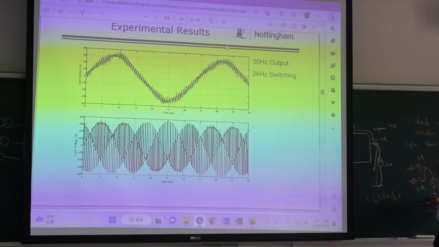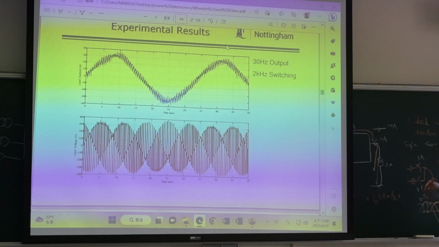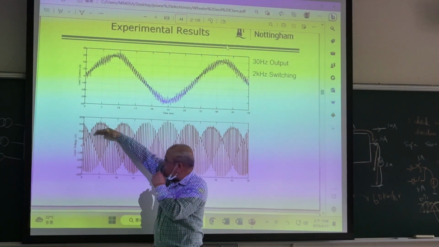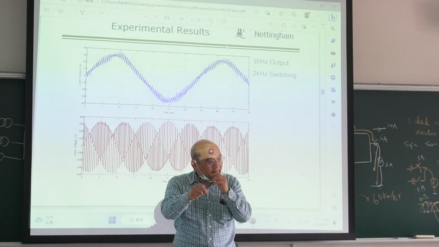Because this one is 100%. This one is 50%. So if it is 50%, what does this mean? Means your worst case DC voltage is only 50%.